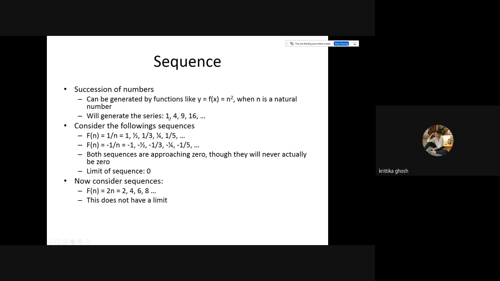In both the sequences, the value of y is approaching 0. One is increasing and one is decreasing. The first one is increasing and the second is decreasing. Now look at this. This is also a case that is actually increasing, but again, it is approaching 0.